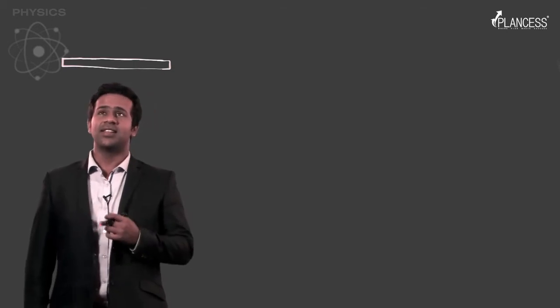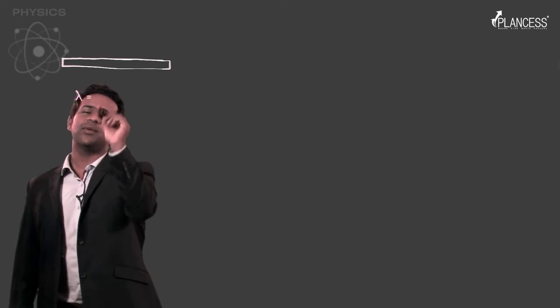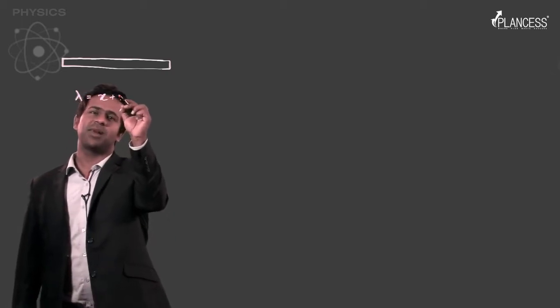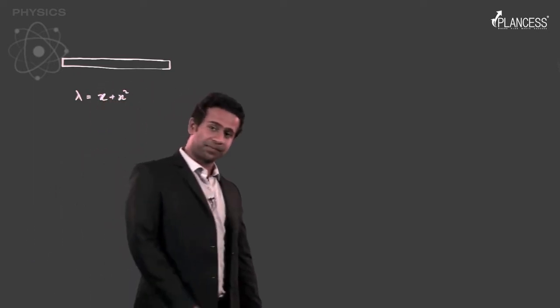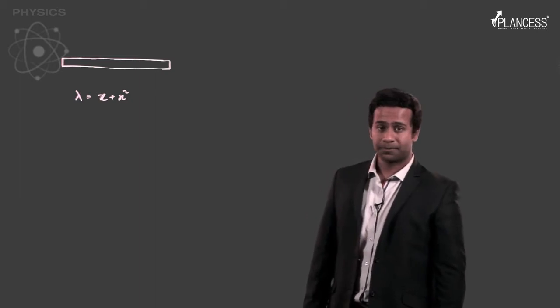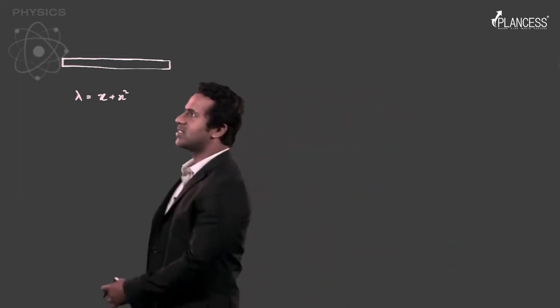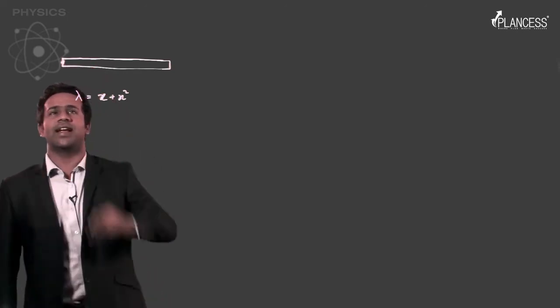But this rod has variable mass density, such that the linear mass density varies as x plus x square from one of its ends. And we wish to find the center of mass of this rod. Let's say that this linear density is given with respect to the left end.